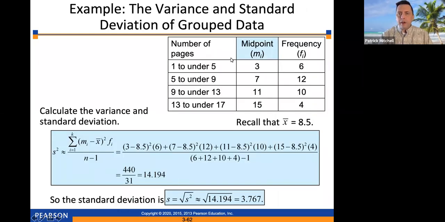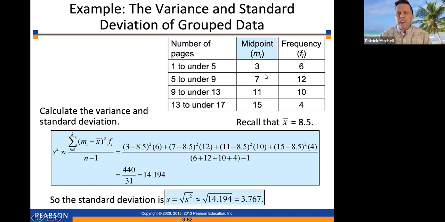All right, so here's the same table that we were just looking at. And again, I think that there is a clearer way to do this, which I will show you on the next slide. So they want us to calculate the variance and standard deviation. So first of all, recall that the sample mean was approximately 8.5.